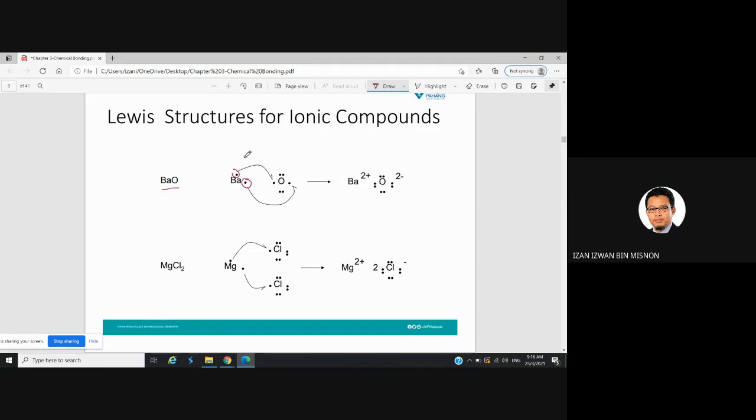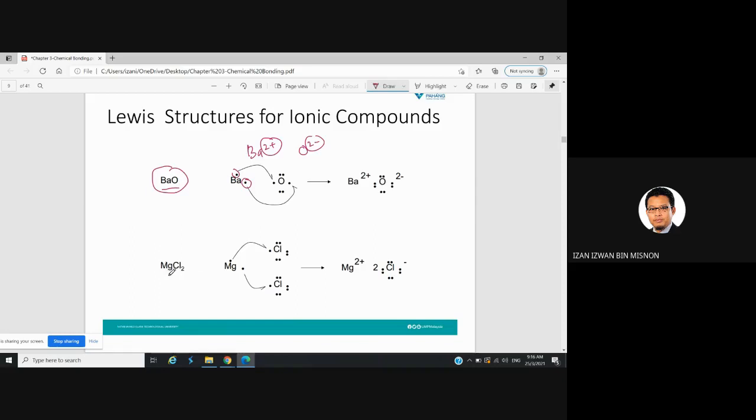In this case, barium will have a 2+ charge, Ba2+, and oxygen, having already accepted 2 electrons from barium, will have an O2- charge. Okay, since both are equal, the final chemical configuration will be barium oxide.